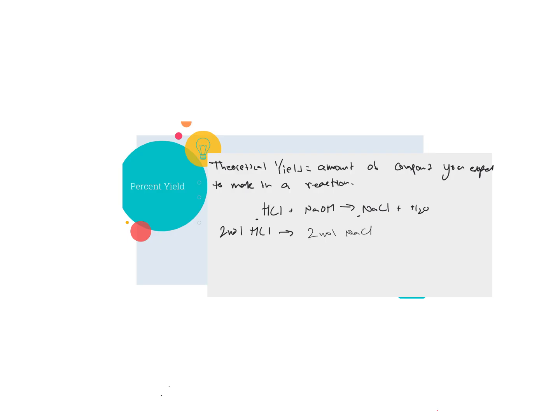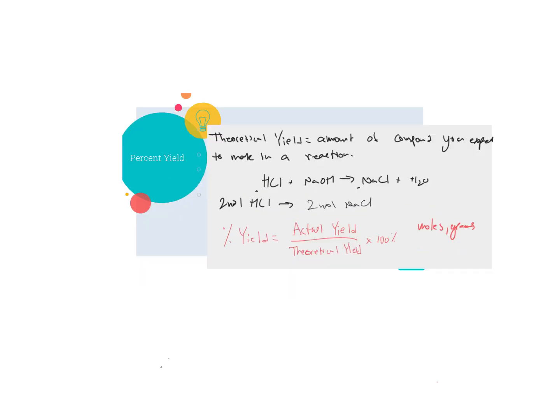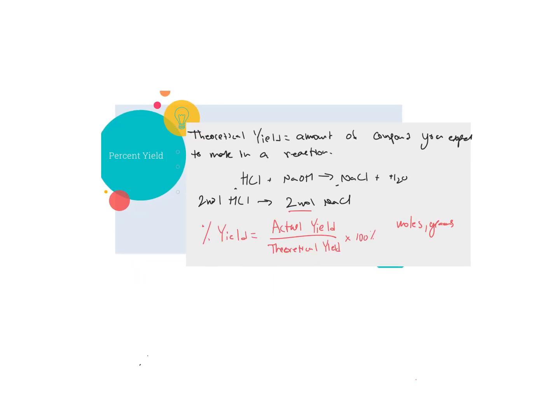Now, of course, in a lab, that doesn't always happen. Sometimes you might actually end up making a lot less than you expect. And so the percent yield is the actual yield that you get in the laboratory divided by the theoretical yield times 100%. And these can either be in moles or grams, typically. And so in my example, let's say I expect 2 moles of NaCl.